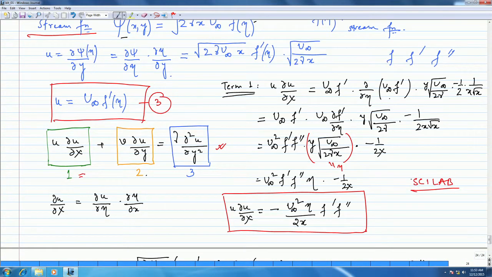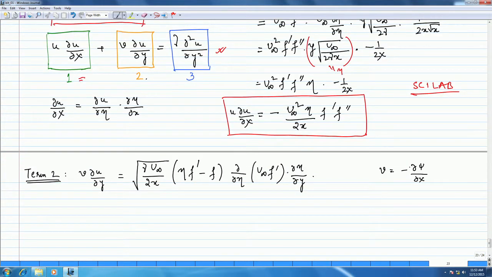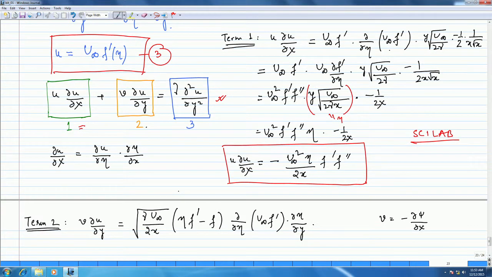Using this psi function you should be able to understand what is going on here, so please do that yourself. The second thing is u, which is u infinity f dash of eta, so what we need is del u del eta, that is del eta of u infinity f dash, and del eta del y.